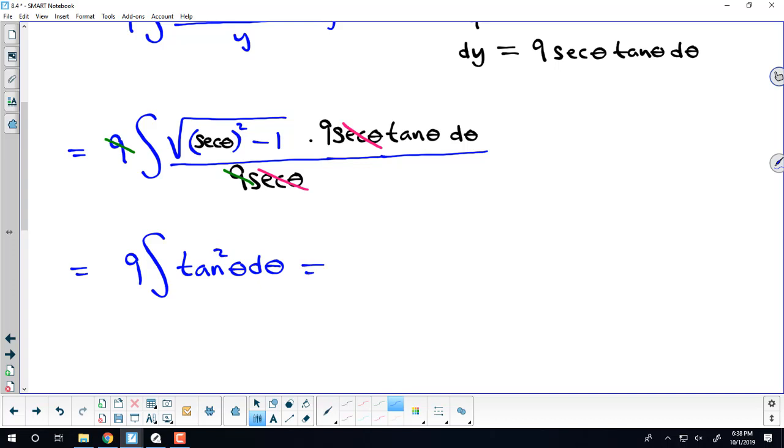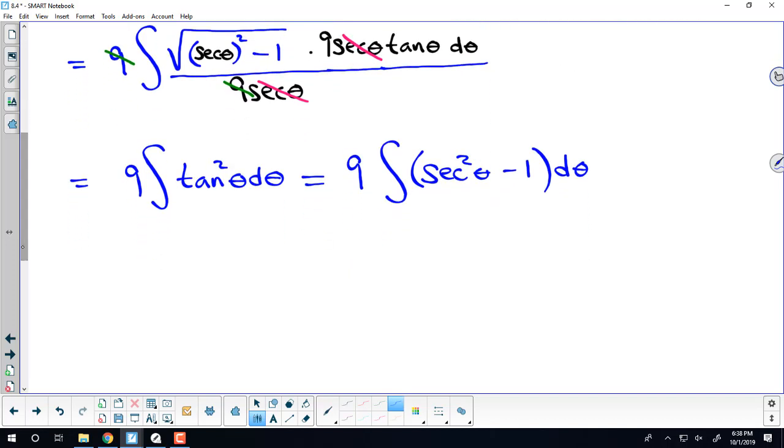So what happens when we change tangent squared into secant squared minus 1? It becomes much easier to integrate because we know the antiderivative of secant squared and of 1. So we have 9 times the quantity antiderivative of secant squared is tangent minus the antiderivative of 1, which is theta.